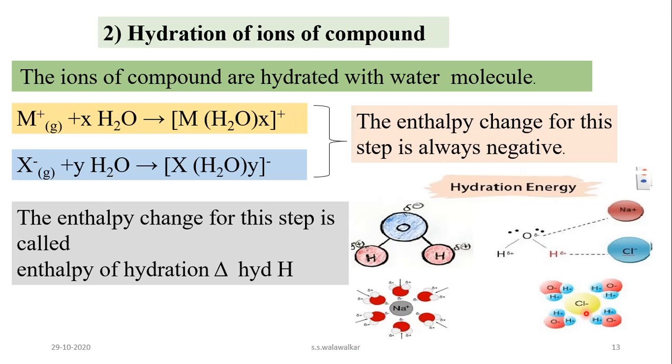And chloride ion is negatively charged, so the positive end of the water molecule surrounds the chloride ion, and thus the sodium ion and chloride ions get separated. And during this process, some amount of heat is released, and that is called hydration energy. So enthalpy change during hydration is always negative.